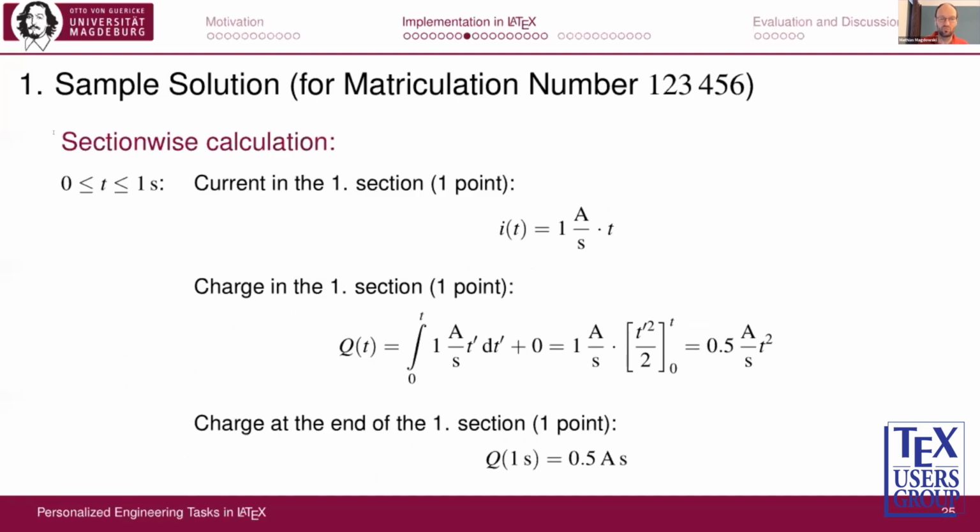So what the students should do is a section-wise calculation: read the time function for this section from the diagram, put it into this formula for the charge, integrate over this linear function here, for example, simplify the formula and calculate the charge at the end of this first time section.